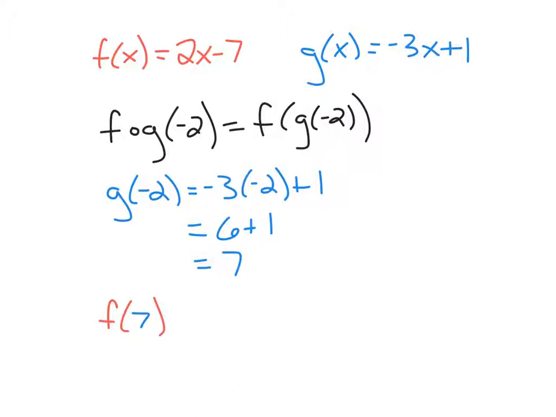Okay, so then f of 7 is 2 times 7 minus 7, or 14 minus 7. So this whole thing, f of g of negative 2 in this case, is just 7.